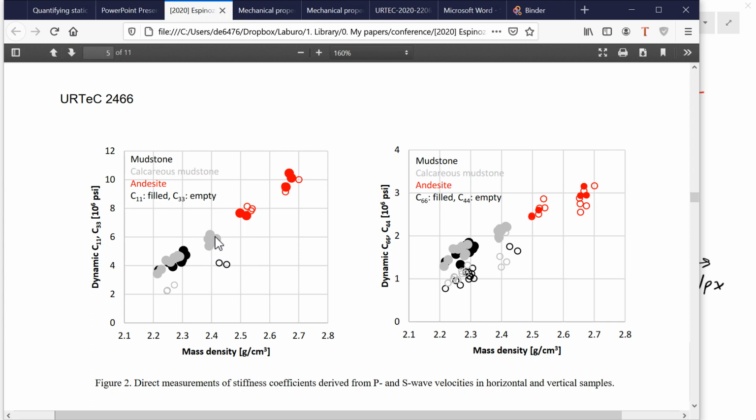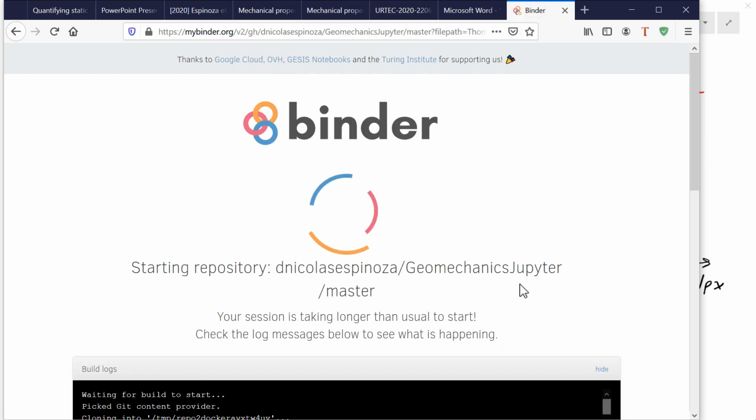You can also clearly see that C11 is larger than C33, and a similar takeaway message for C66 and C44, where C66 are the filled symbols and the empty symbols are C44. You may ask also, what about those red symbols? Well, these red symbols are actually igneous rocks, and these are a lot more isotropic than these other sedimentary mud rocks.